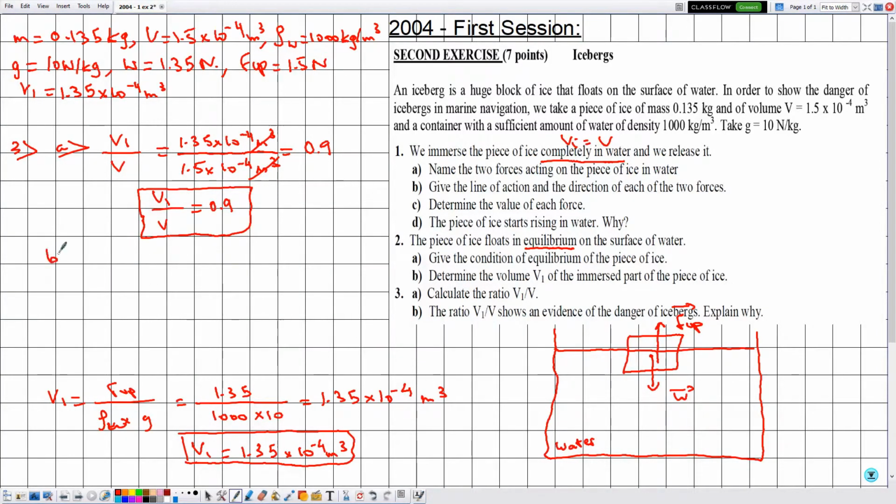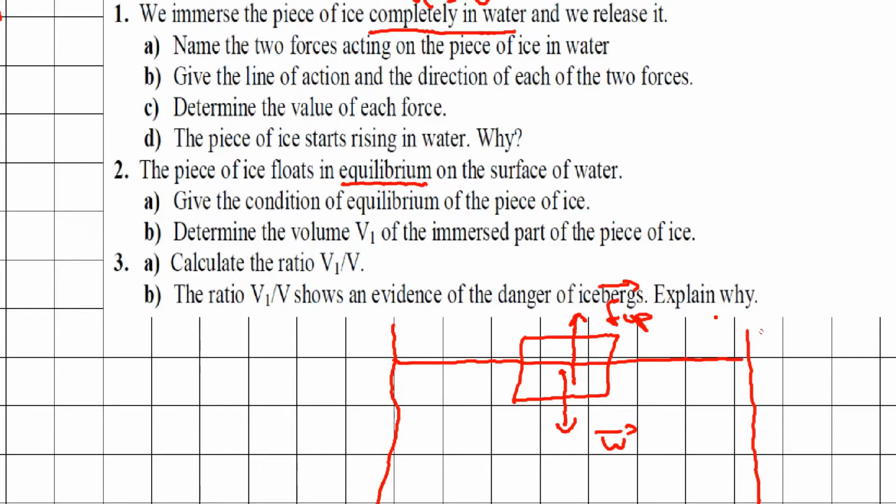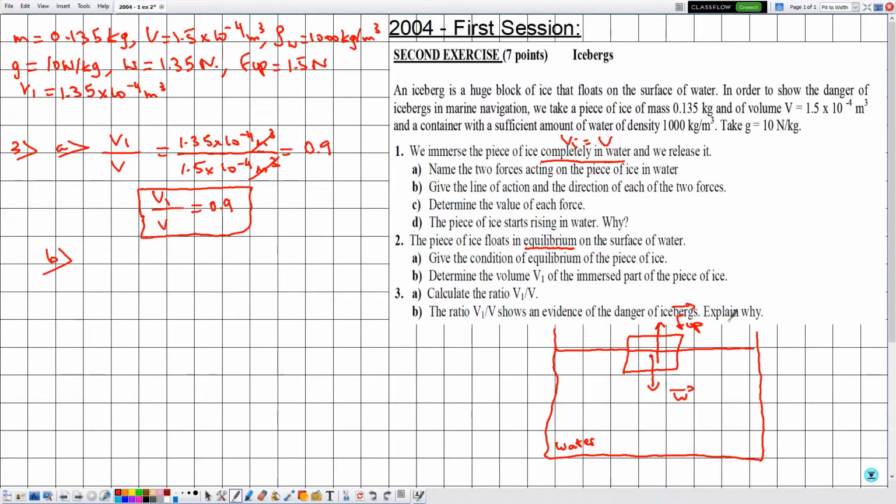Now in part B, they are telling me that the ratio V1 divided by V shows an evidence of the danger of icebergs. Explain why. In order to explain this, let me do the following. The ratios are related to proportionality, knowing that V1 divided by V is equal to 0.9.